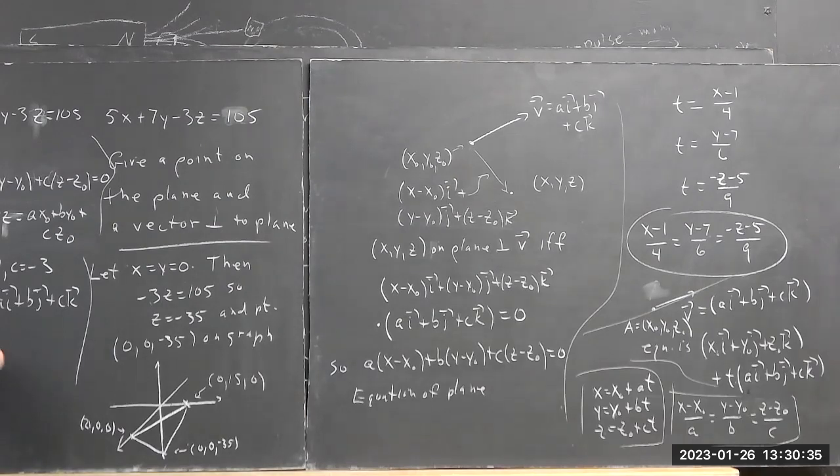So this plane is perpendicular to 5i plus 7j minus 3k. I haven't written what normal means, but normal means perpendicular to. The normal vector defines the plane, and the unit normal is very handy. It's easy to project on the unit normal.